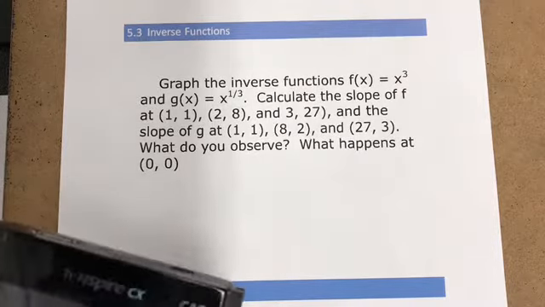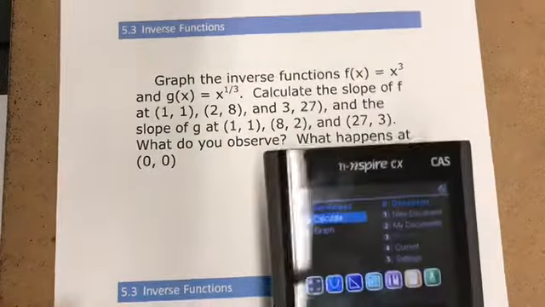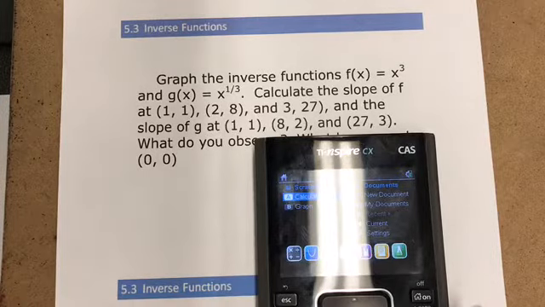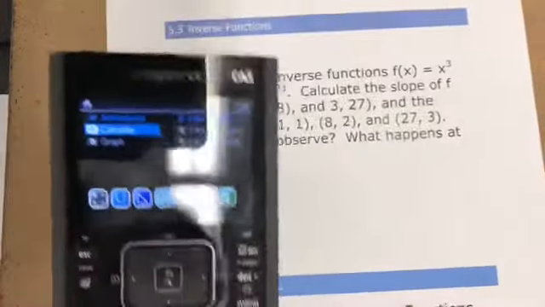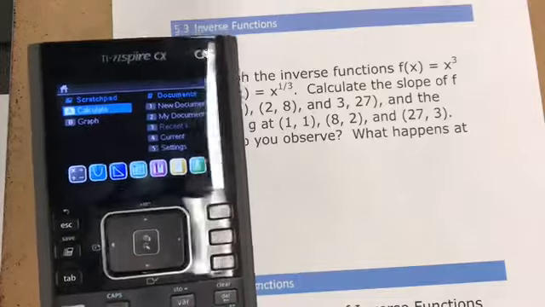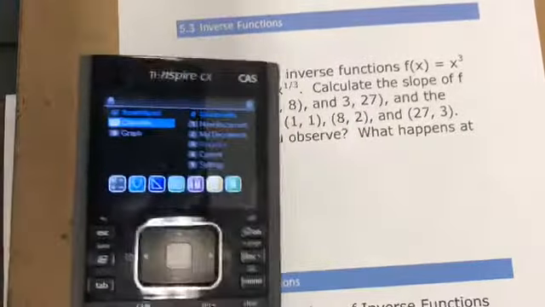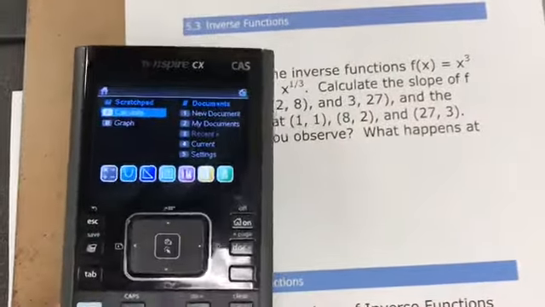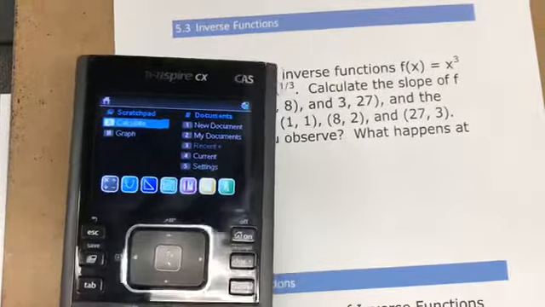So first thing I'm going to do is graph the two inverse functions. I will get out my calculator, see if I can get this so there's no glare. There we go.